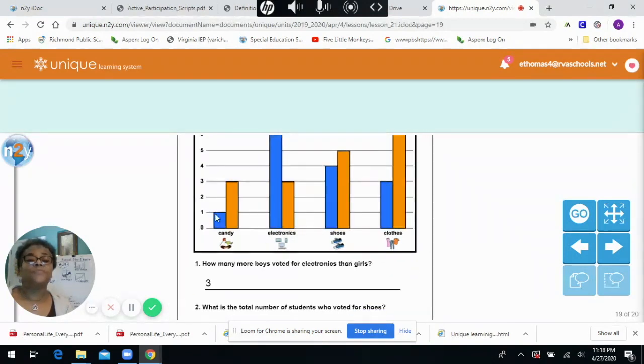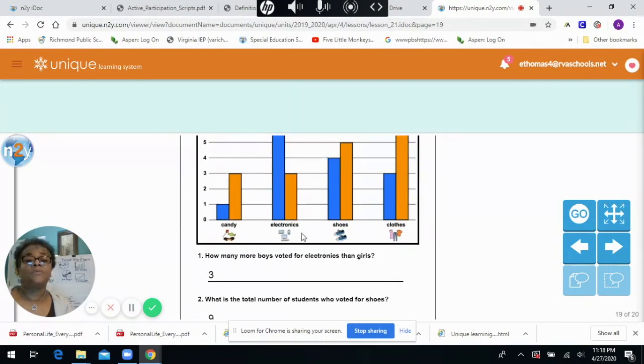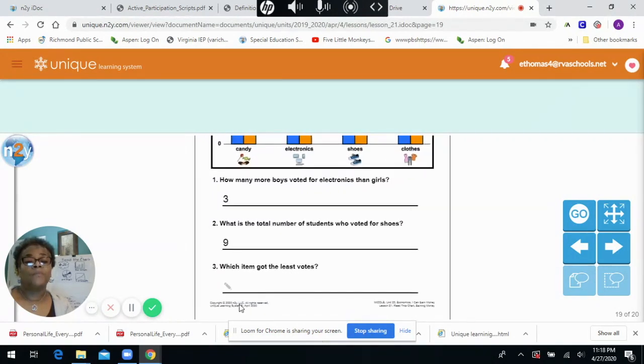So let's look for the one with the lowest amount. So we got 1, 2, 3, 4. And the other one, see, that one was 9. So what would it be? It would be candy. That's good. Y'all saved your teeth. Candy.